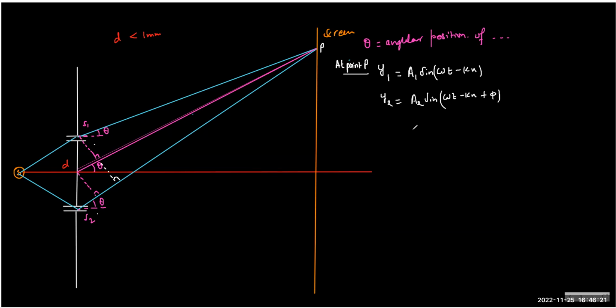Now, how to get the phase difference is a task that we have learned in the last lecture. But right now we are assuming that phi is the total phase difference between the two waves arriving at point P. Interference is superposition of waves, which means the resultant at point P will be the sum of these two.